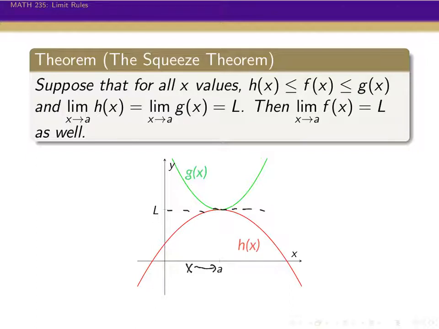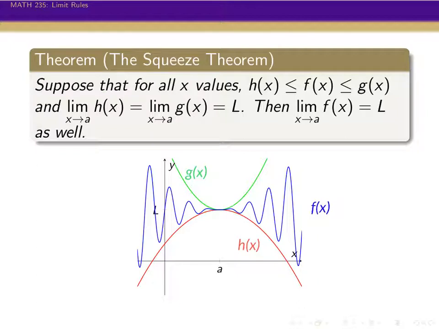Well, your f of x would have to be some function traveling between these two. And so here's a pretty wild f of x oscillating up and down, but always staying between g of x and h of x. And so what's the squeeze here? As g and h go to the same place as x goes to a, f is caught between them and has to go to that place as well.